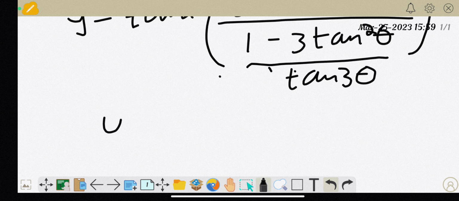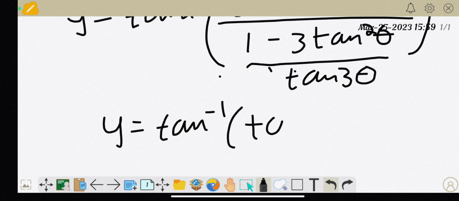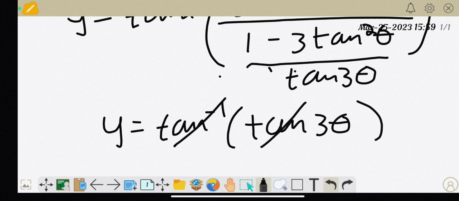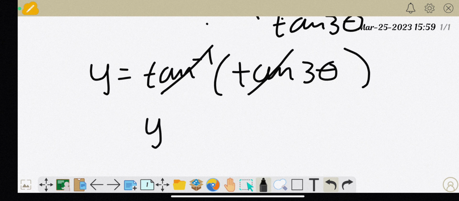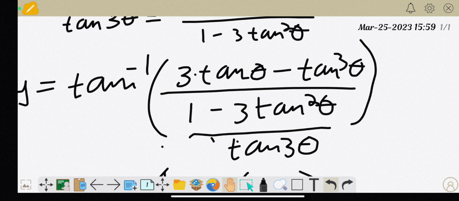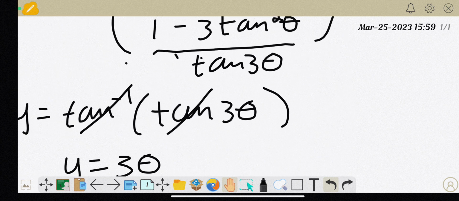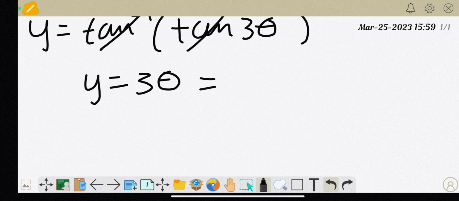So y is equal to tan inverse of tan 3 theta. Tan inverse and tan will cancel, just 3 theta is left. Okay, so what is theta? Theta is equal to tan inverse x, so it is 3 tan inverse x.